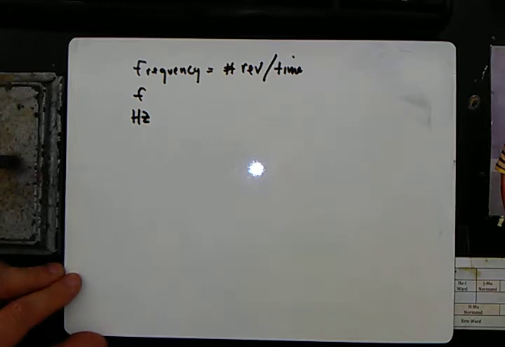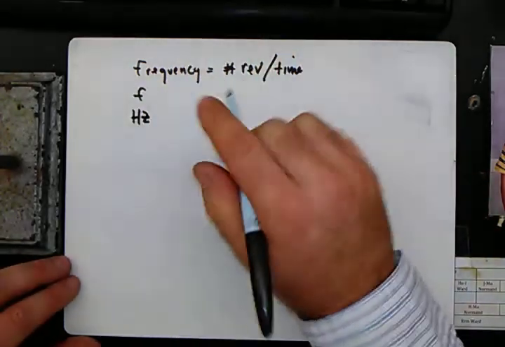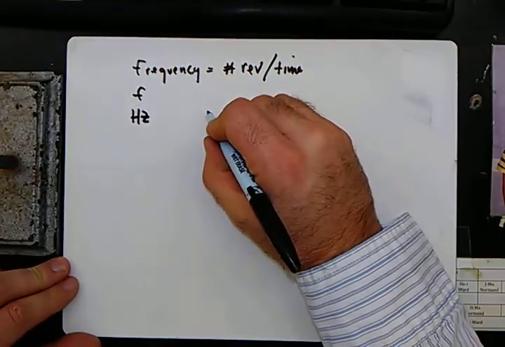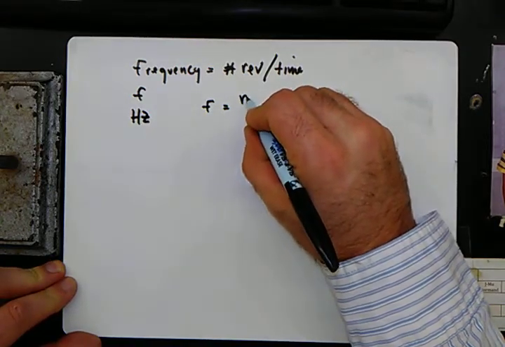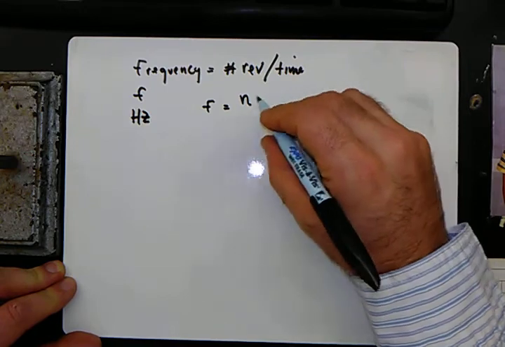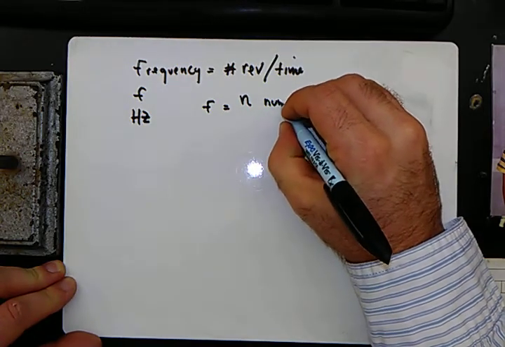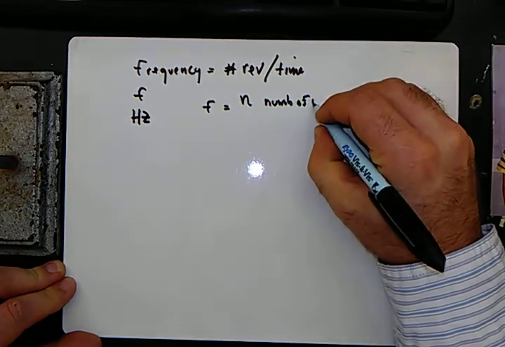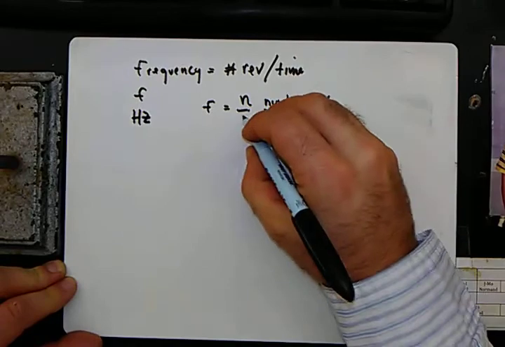So often we're given the time it takes for an object to make a number of revolutions. So here's the formula for frequency. Frequency equals the number of revolutions, that n we used prior, divided by the time.